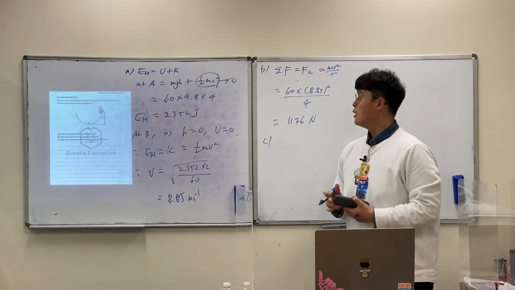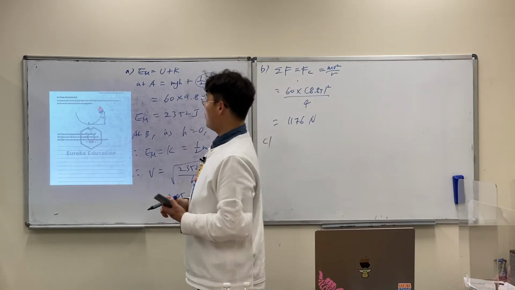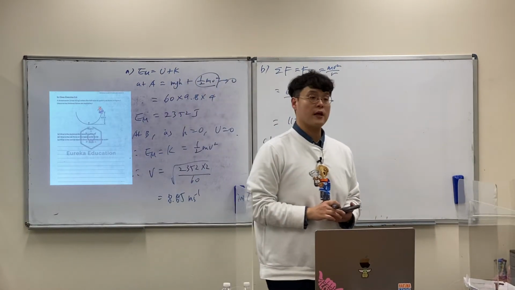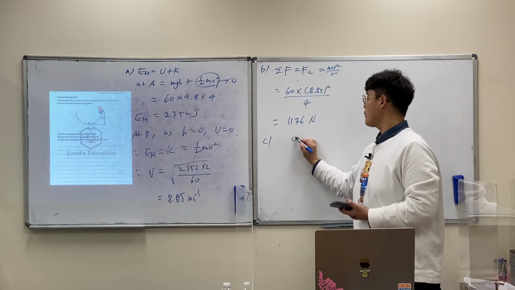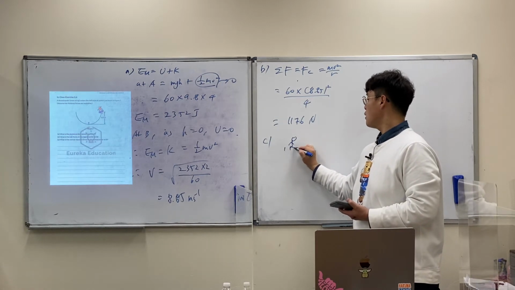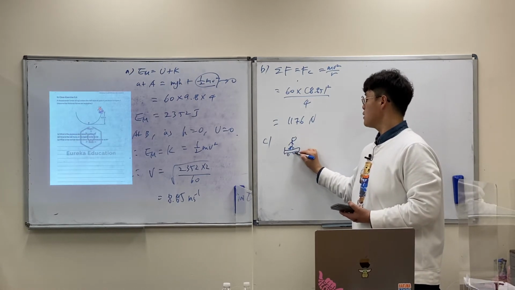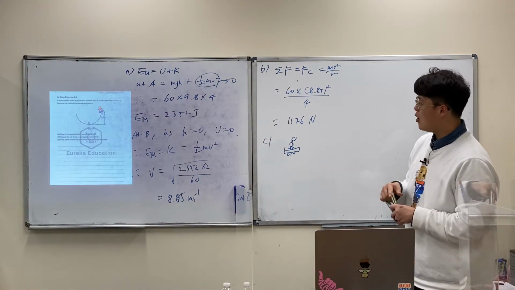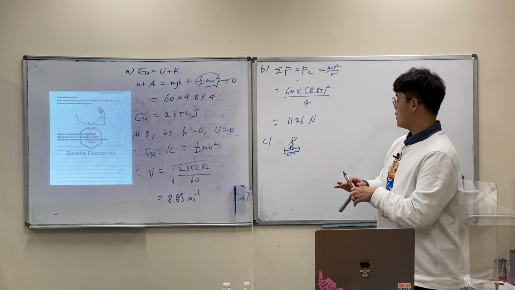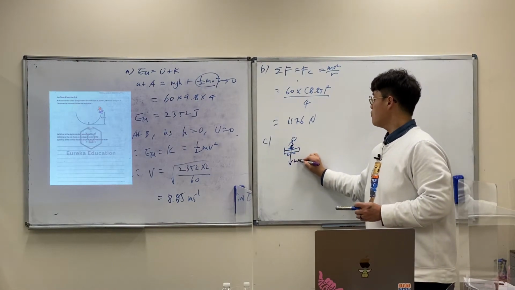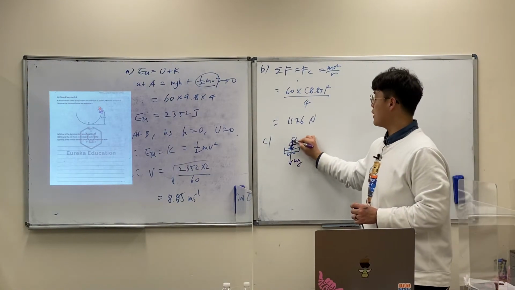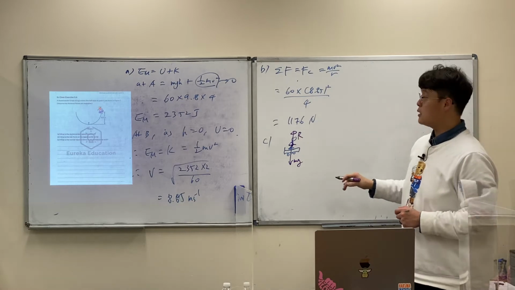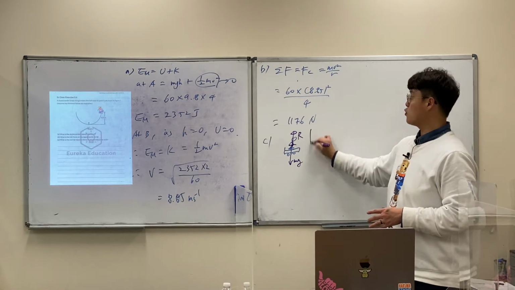C. What is the normal reaction force on the skateboard at B? Let's draw the person on the skateboard at B. The forces applied to her: there will be mg applied, and there will be the normal reaction force applied, and the direction of the centripetal force would be up.